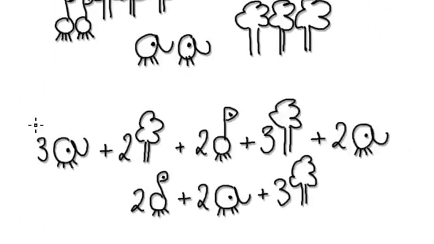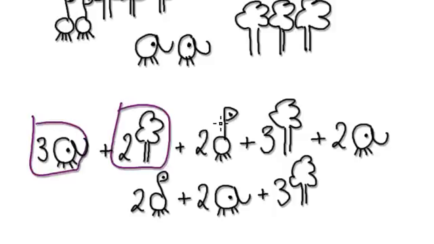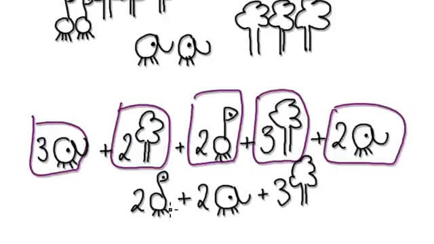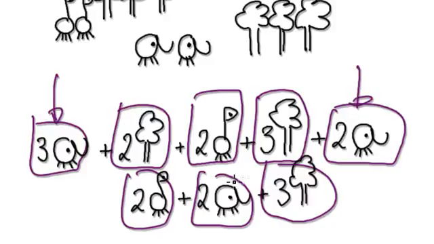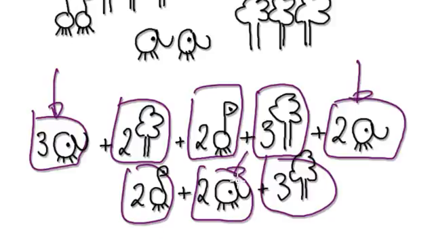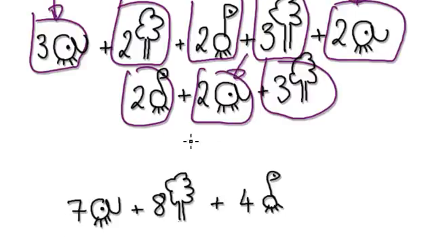So here you've got 3 elephants here, 2 trees, another 2 giraffes, another 3 trees, another 2 elephants, and so on here. Rather than saying you've got 3 elephants here, 2 elephants here, and another 2 elephants here, why not just combine them and say you've got 7 elephants, and so on.